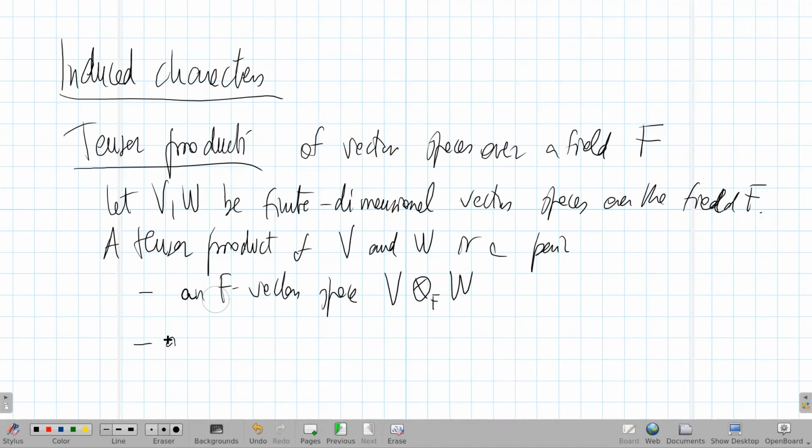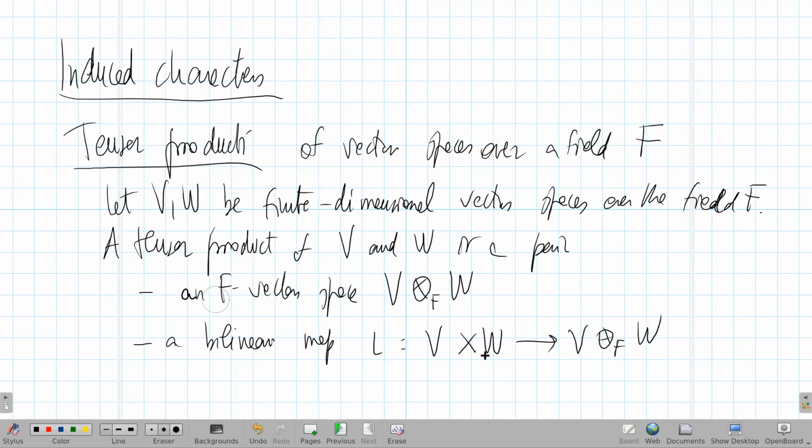And then a bilinear map, let's call it iota, from the product of these two to this tensor product.